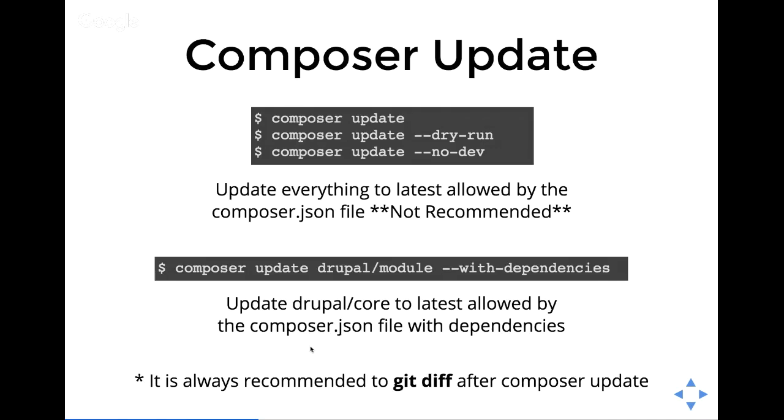Those you do want to have checked in to your Git repository, and when you update core and pull those scaffold files in, those could change. So it's a good idea to always check. And those files in your Drupal root are usually the ones that you're going to catch. Rarely you may have a settings file or something like that you need to pay attention to, but that's not incredibly common.